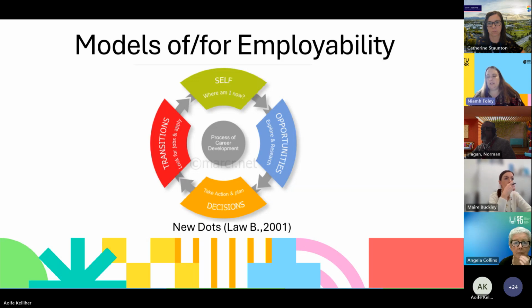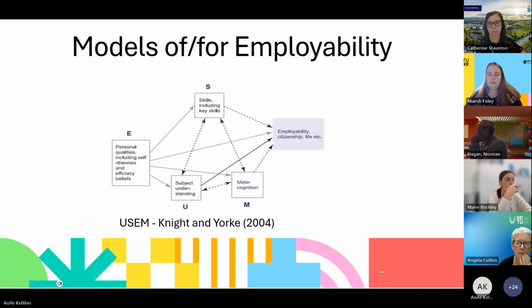So the next model, on the next slide, Aoife, thank you, is the USEM model, Knight and Yorke 2004. When I looked at it, I found it a very academic model, and a hard one to implement in the curricula, because we don't want to add on employability. We want a natural framework where it surfaces.